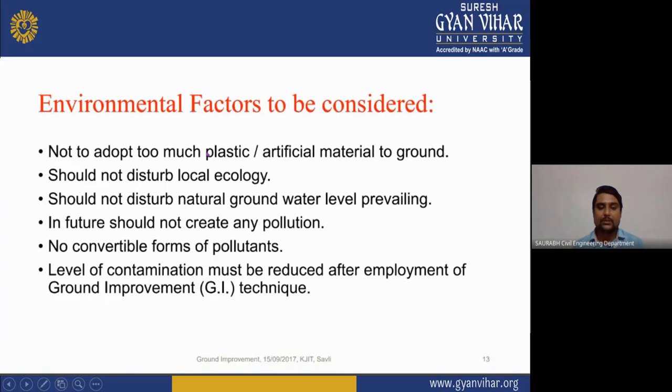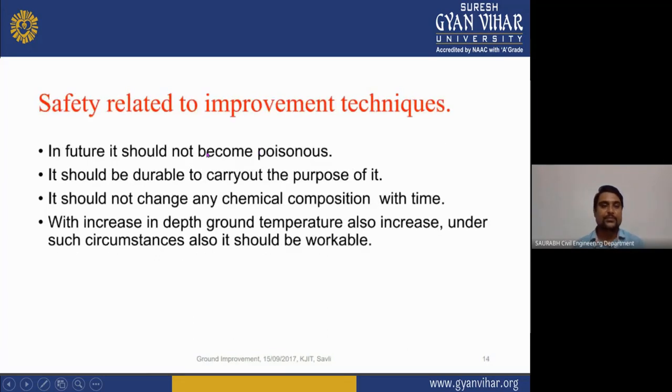The level of contaminant must be reduced after the employment of the GI technique. Safety related to the technique: in future it should not become poisonous, it should be durable to carry out its purpose, and it should not change any chemical composition with time. With increase in depth, ground temperature also increases; under such circumstances also it should be workable.